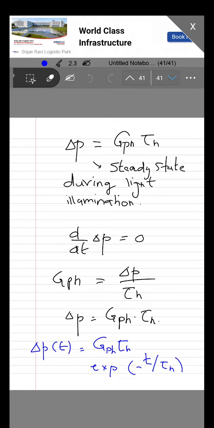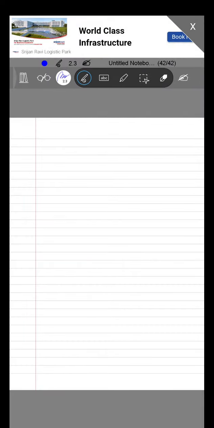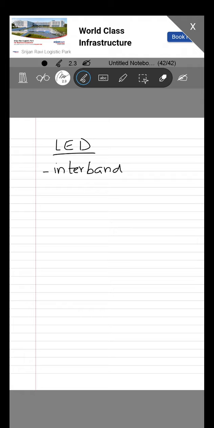So moving on to an optoelectronic device, we'll discuss LED, light emitting diode. So LED involves interband transitions, and it has a band to defect transition.